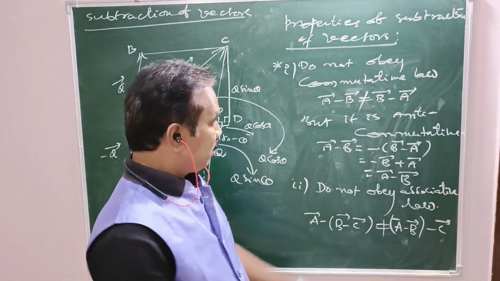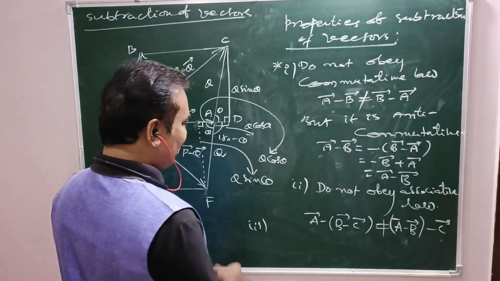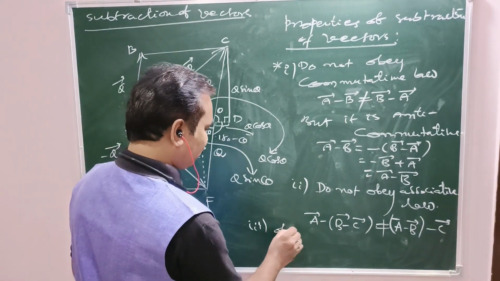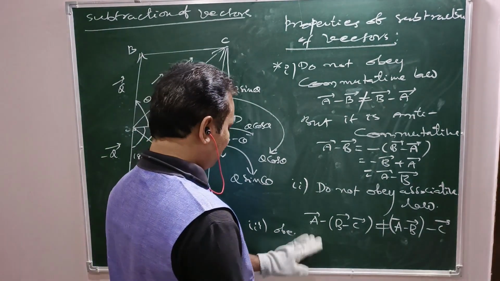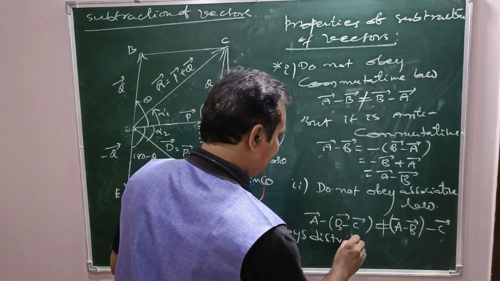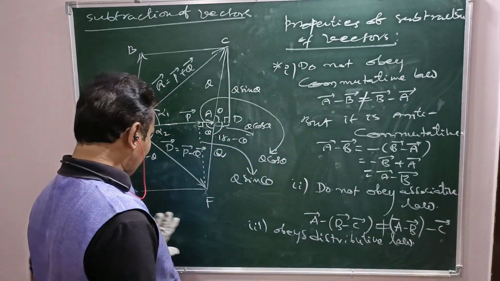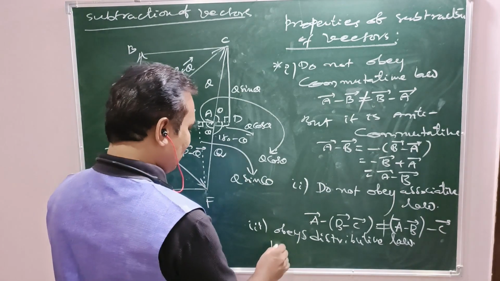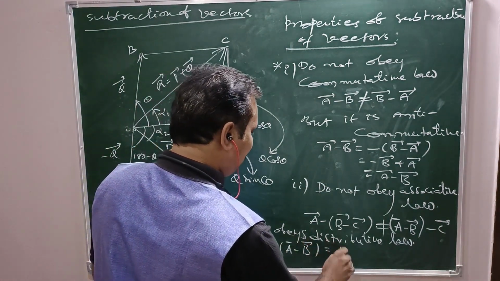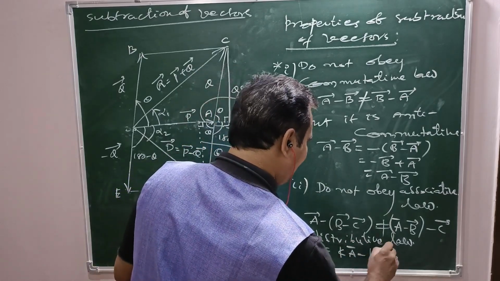Coming to the distributive law, number 3. Subtraction of vectors obeys the distributive law with respect to a constant. Suppose k is a constant, then k into (A bar minus B bar) can be written as k A bar minus k B bar.